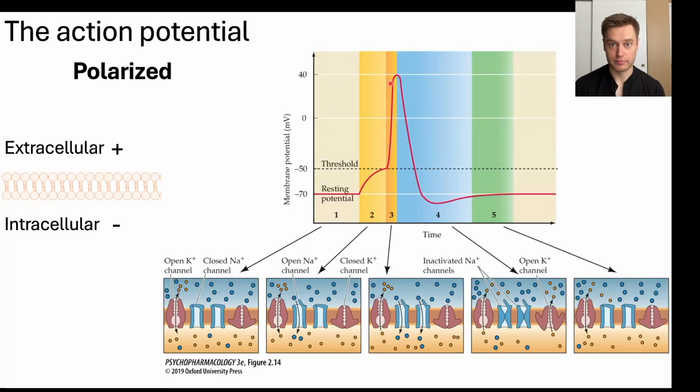I'm going to give you a second to see if you can figure that out because this is extremely important. The reason why the membrane potential has increased is because there is a mass influx of sodium. Sodium is a positive ion, so if we increase the amount of the positive ion on the inside of the cell, it's going to cause the intracellular space to become more positive, right?